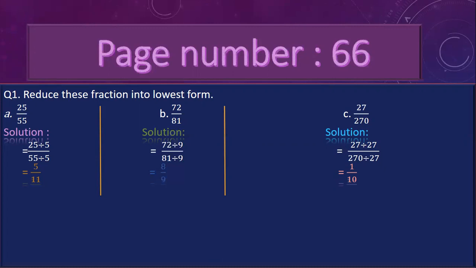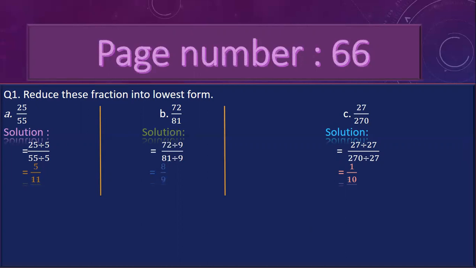After dividing them with 9, we got a new fraction which is 8 over 9. Although 8 and 9 are not both prime numbers, they are not divisible by any common number. So the lowest term of 72 over 81 is 8 over 9.